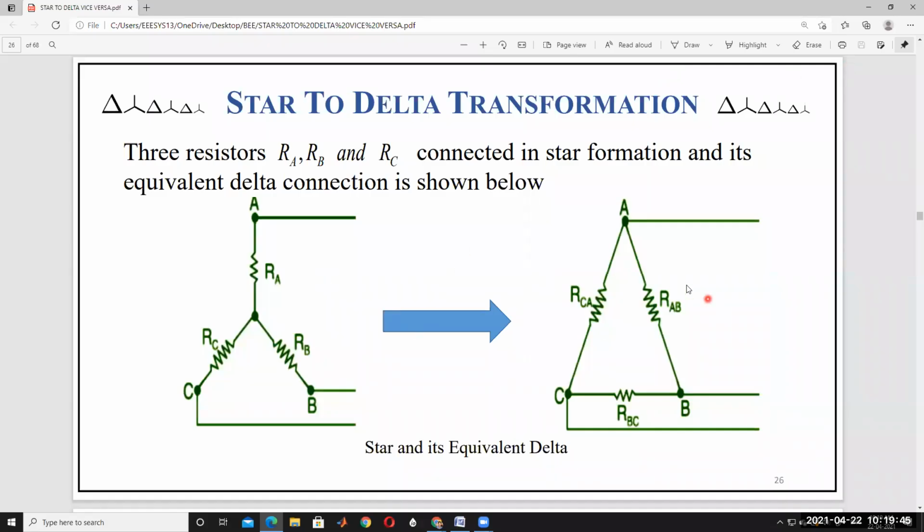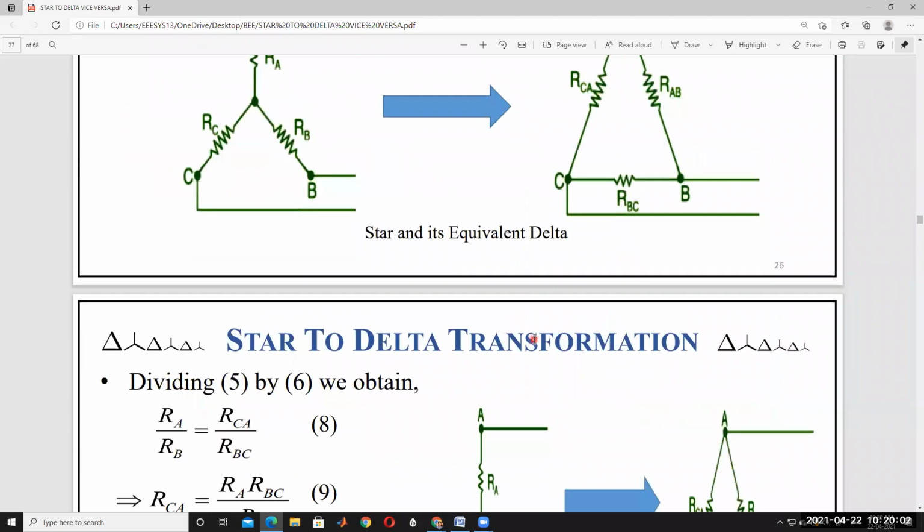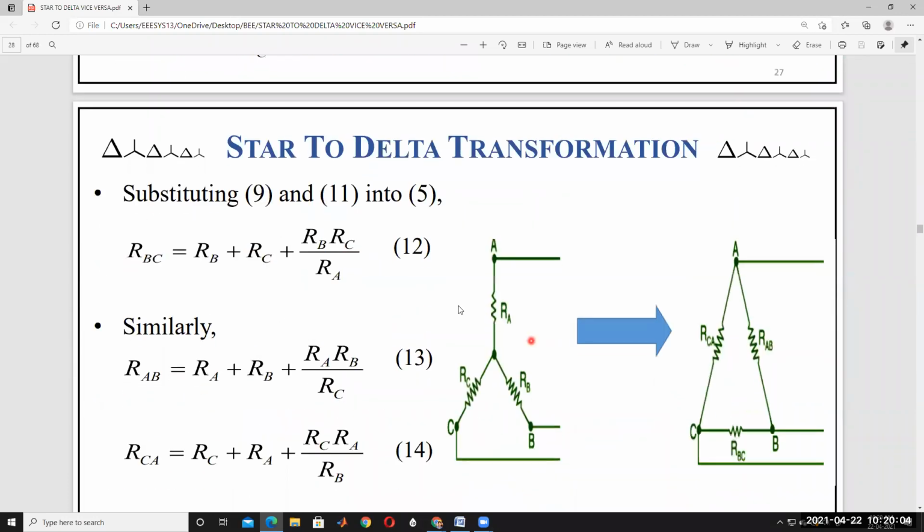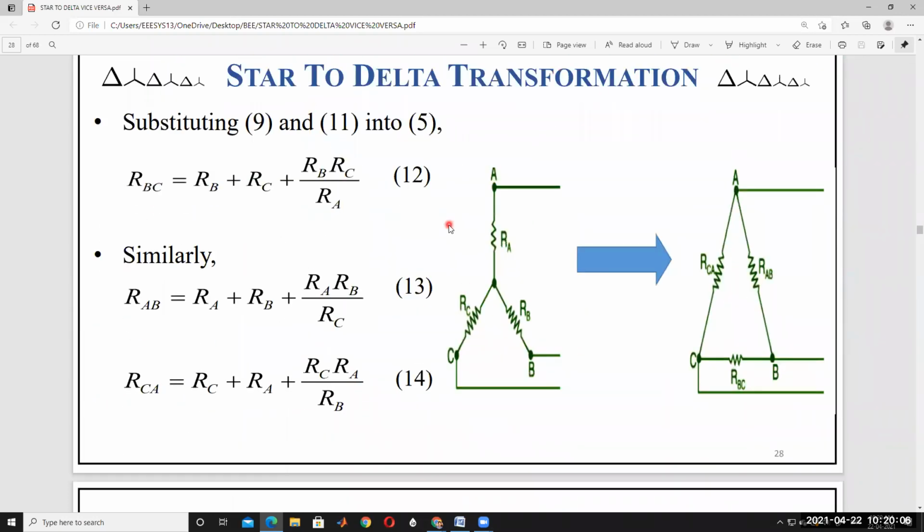Star to delta transformation. Here, between RCA and RAB, the resistor is RA.